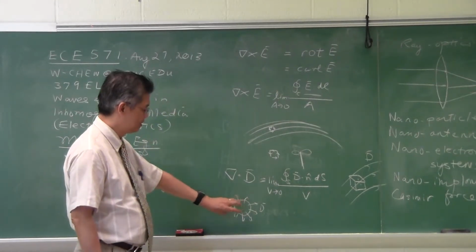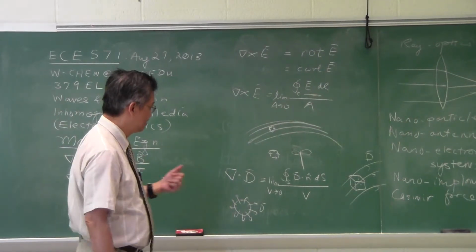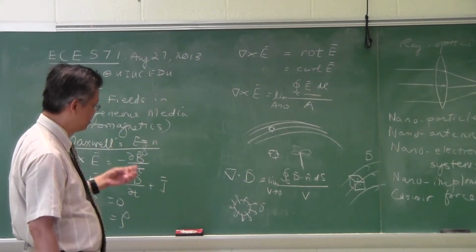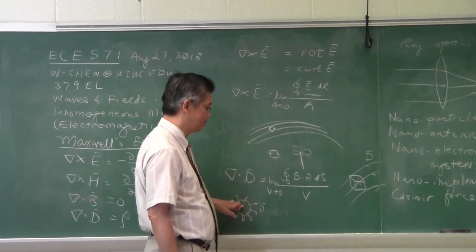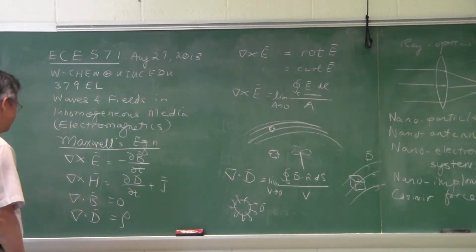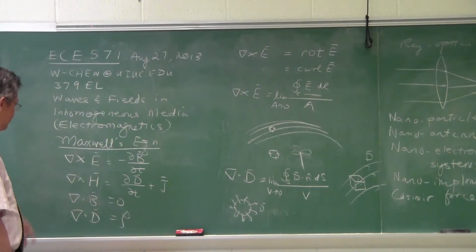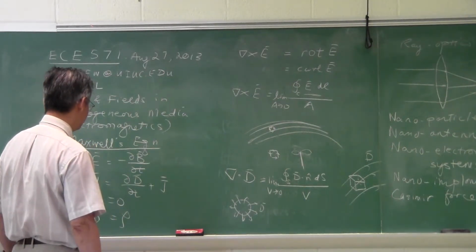All of them will be positive, and there will be net flux leaving this place. So the divergence of D is a measure of how much flux is actually leaving a point in space.